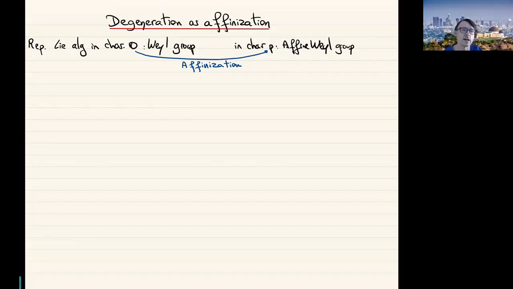So we see that typically in representations of complex semi-simple algebras, where we see the Weyl group. If you do something similar in characteristic p, you find the affine Weyl group controlling the representation theory. So going mod p is going to increase symmetries.